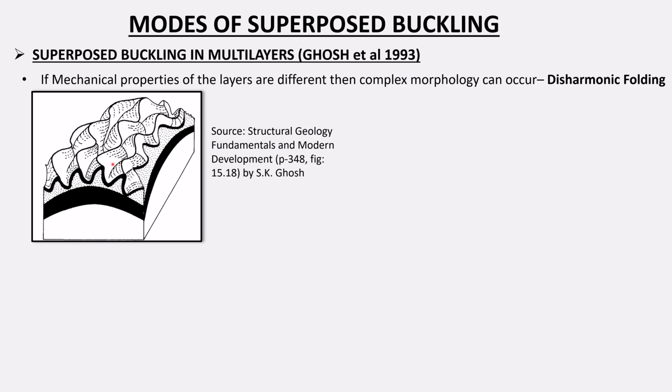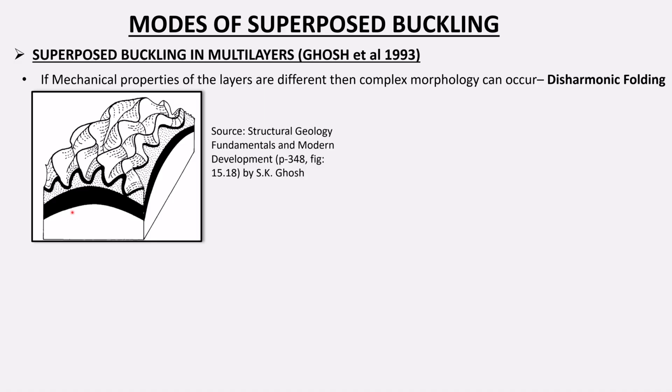So, due to this superimposed buckling, we can see that the thin layer, which is more competent in nature, follows the third mode of buckling, whereas the lower thick layer forms a dome kind of structure.